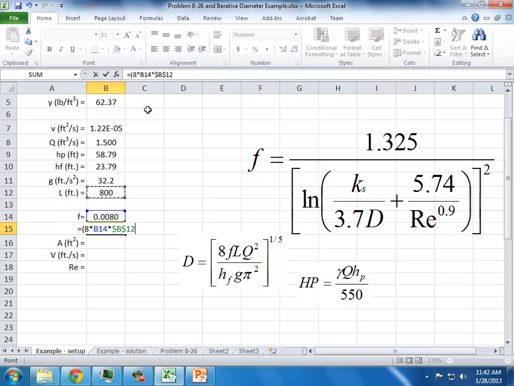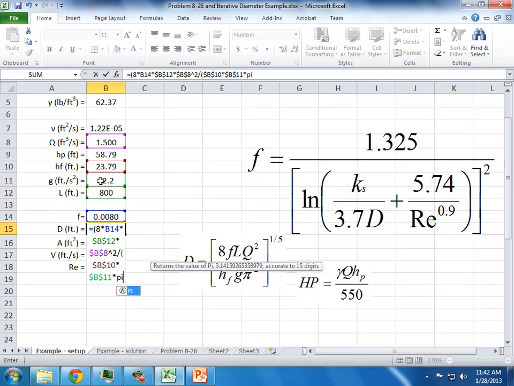And when you drag it down, it won't lose track of that. It's a little shortcut, pressing that F4 button. Times the flow rate squared divided by h sub f times g times pi squared.